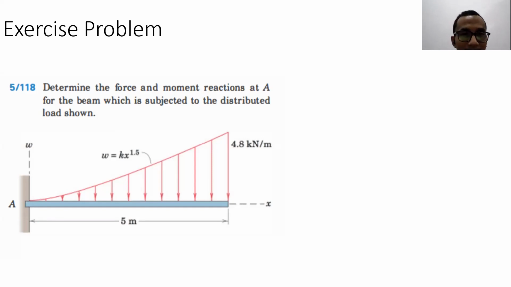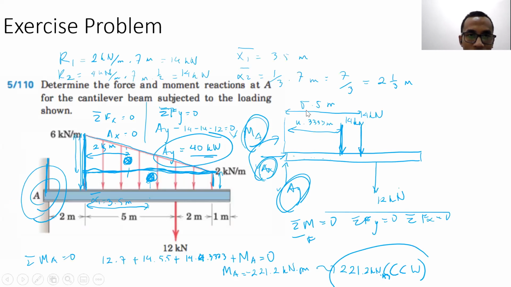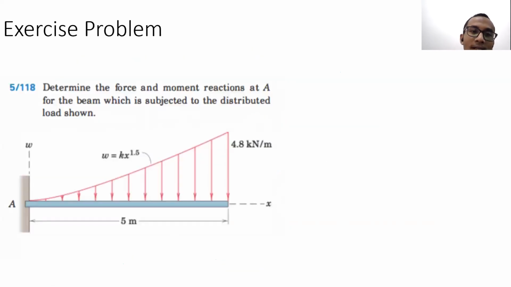Okay, sir. The question is the same as the previous one that Nuki solved, to find out the reaction force at point A. But this one, the distributed force given there is not linear, not constant.